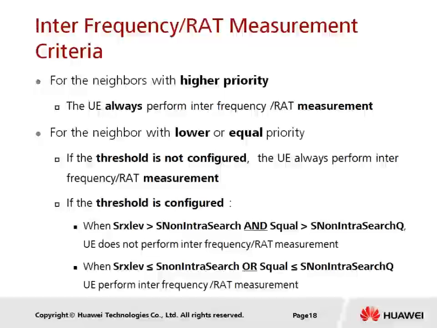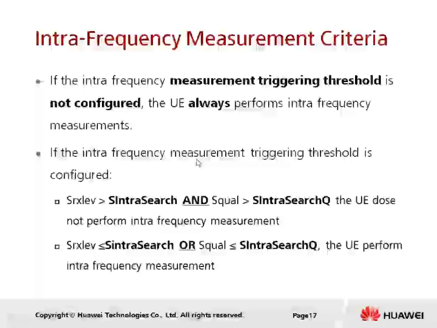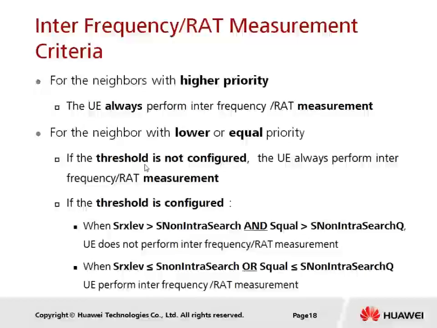As for interfrequency and IRAT measurement criteria, this is the scenario where we have to consider the frequency priority. For a neighbor with higher priority, the user always has to measure the neighbor because it has been defined with higher priority. If the neighbor has been defined with lower or equal frequency priority, then it's similar to intra-frequency measurement, where it depends on whether the measurement start threshold is defined or not.